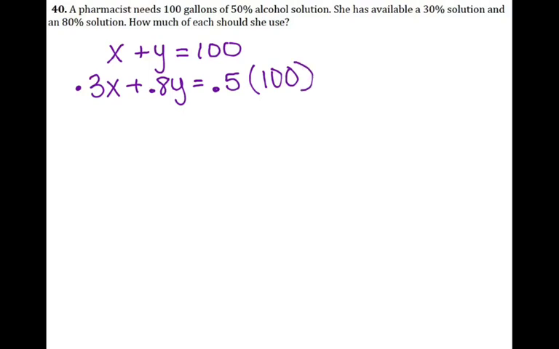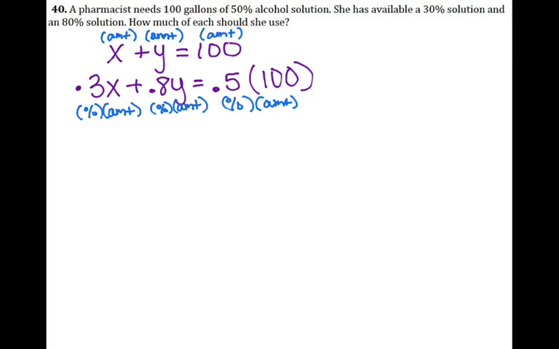If I look at my second equation, what I'm doing is I have percent times amount plus percent times amount equals percent times amount. If I look at my first equation, I have amount plus amount equals amount. So it has to stay consistent throughout your system.